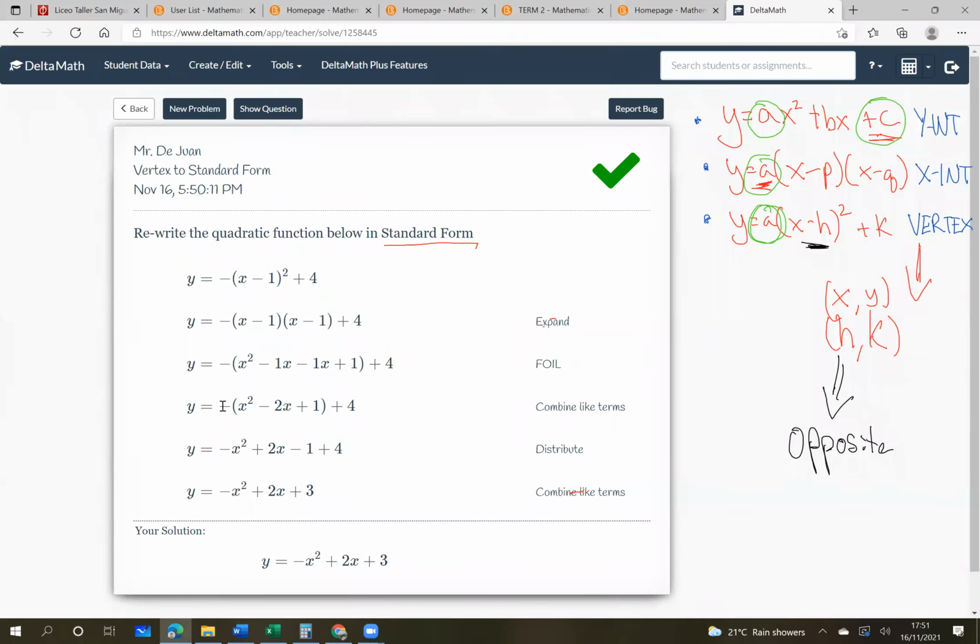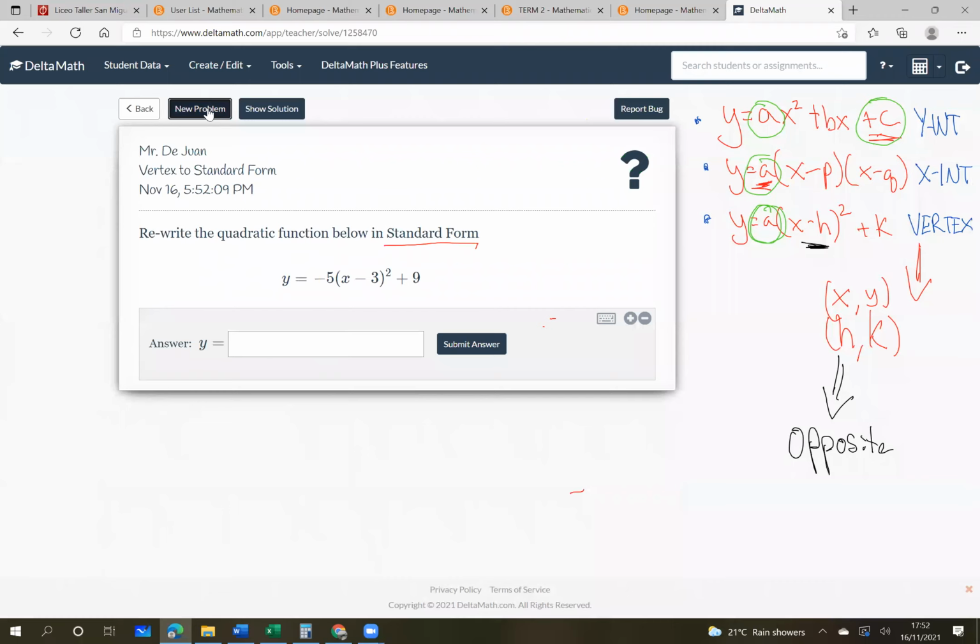But it needs to multiply with the outside, the a term, to give you negative x squared plus 2x minus 1. And this is where you must remember this. Please don't forget this. Combine the numbers. Negative 1 plus 4 is, boom, 3.